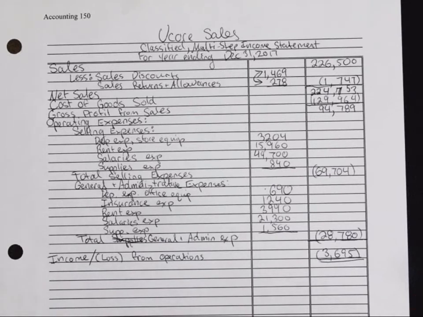But if we were to give our income statement to an outside person, an investor or bank, government, whatever it might be, we wouldn't give them all this detail because we wouldn't want them to go through our books. So for them, we would create a single-step income statement.